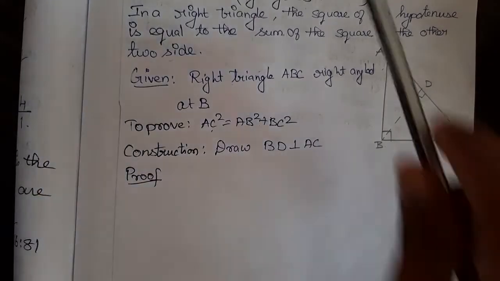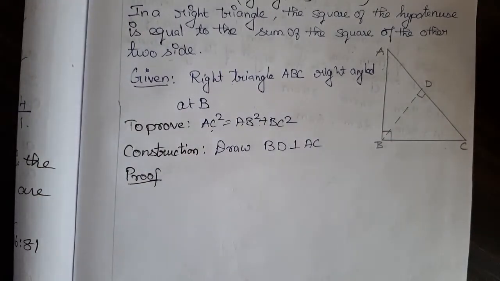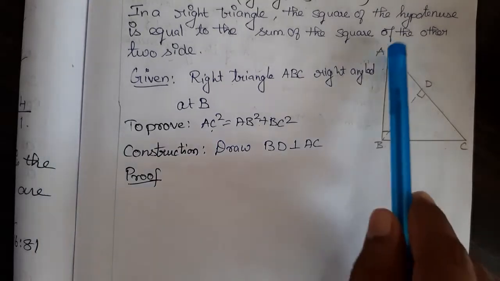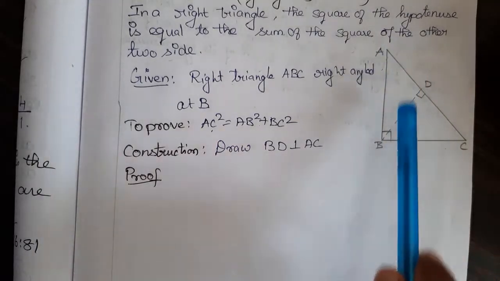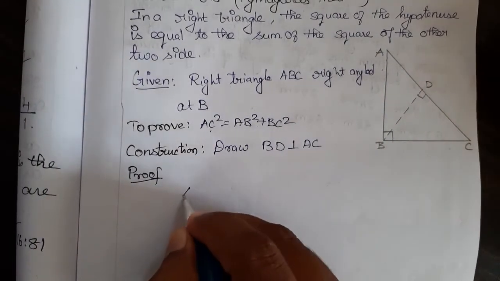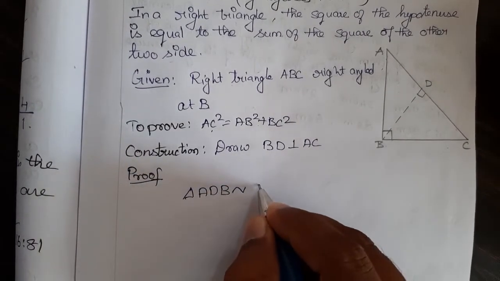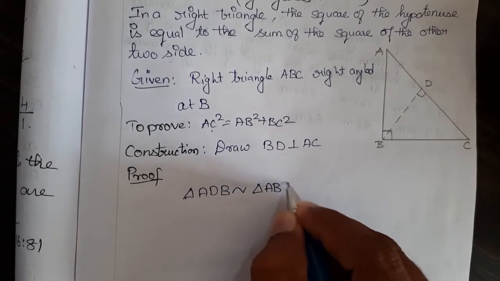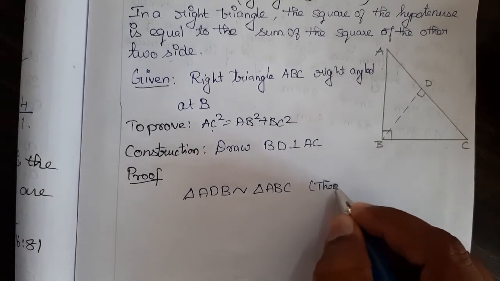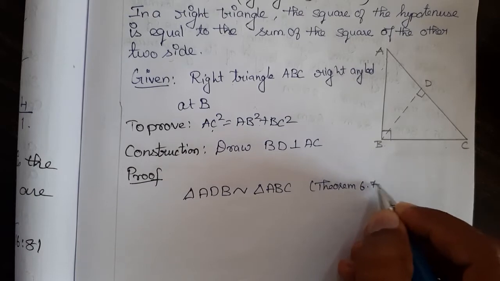By the above theorem we can say that triangle ADB is similar to triangle ABC. This is by theorem 6.7, which we already know.